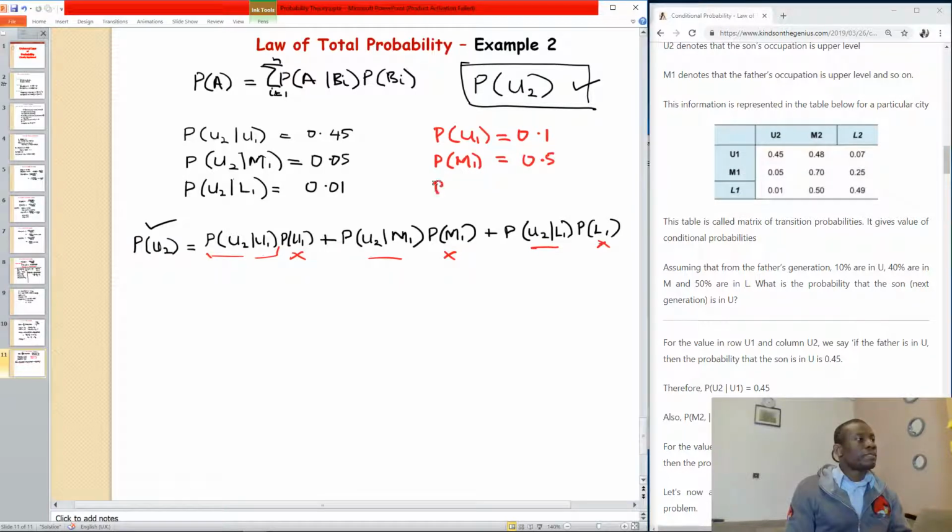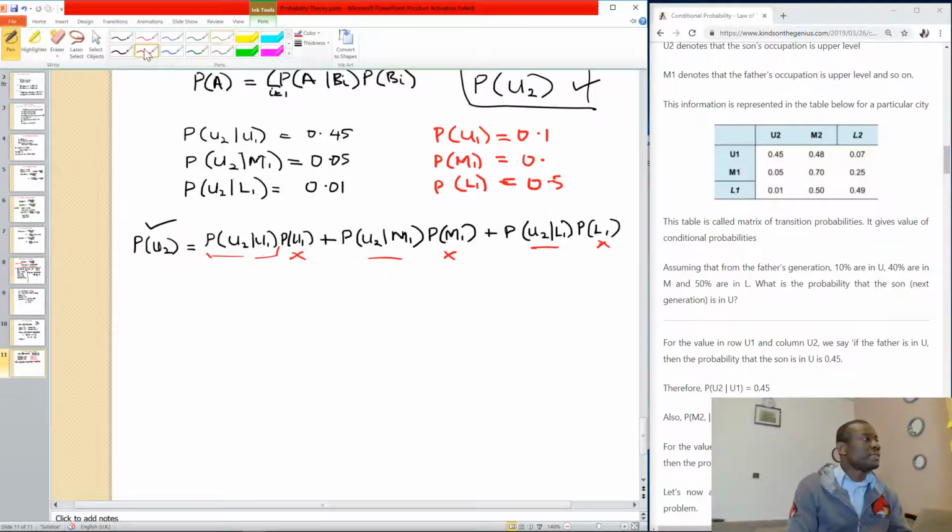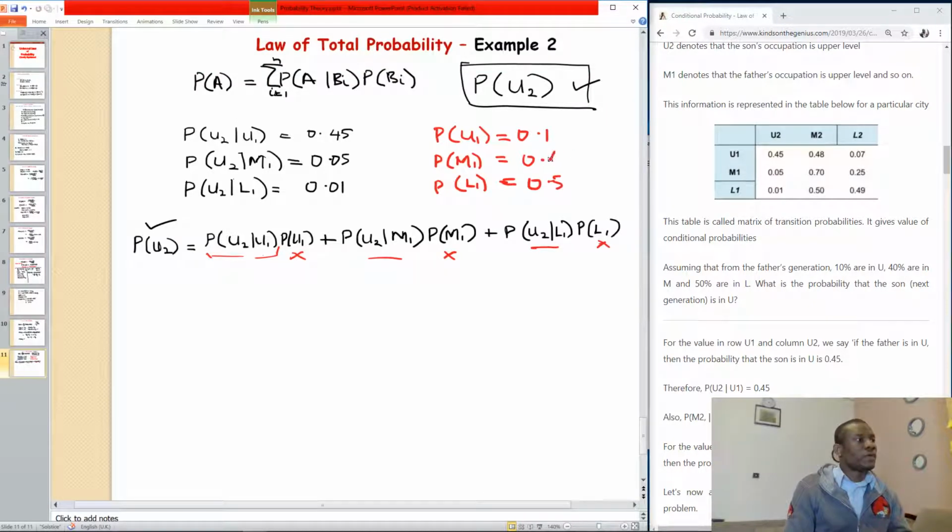And probability of L1 equals 0.5, while this is 0.4. Let me take an eraser and make this correct. So this is 0.4 because we have 40% at that point. That is this 40% for M.